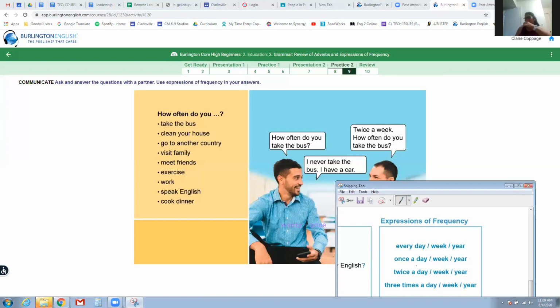Rarely. Good. Y esa, teacher, ahí es mi confusión, porque como termina en ly, no se toma aquí la R como una R, ¿no? Ah, ok, ya, ahora sí. Ok.